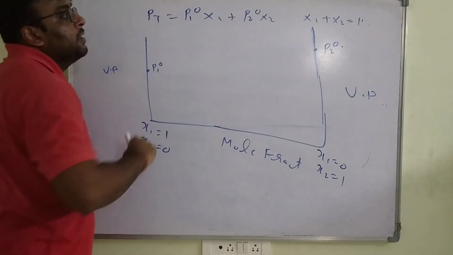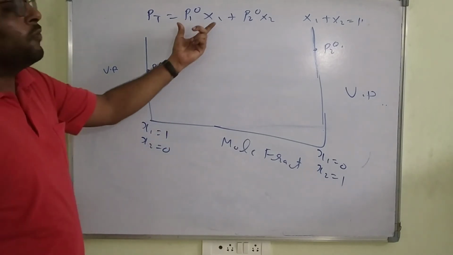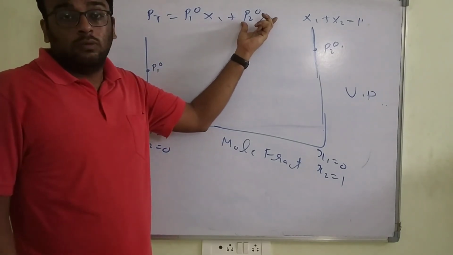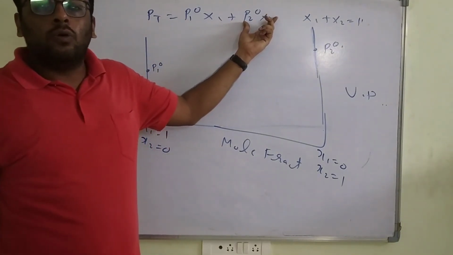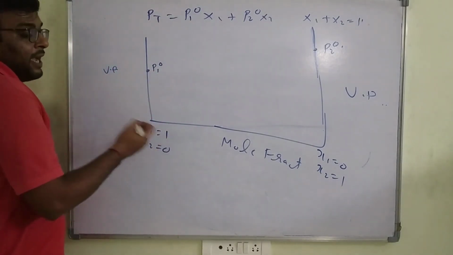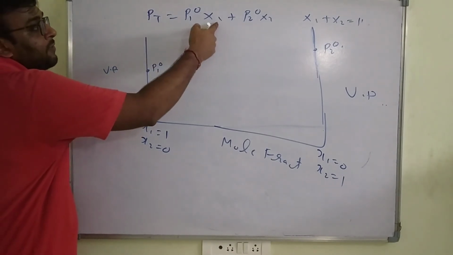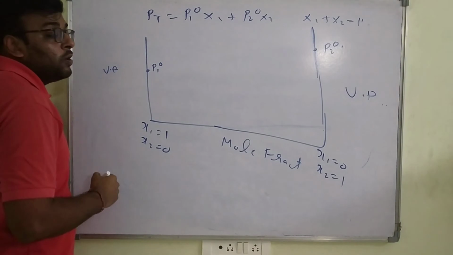So P total is equal to P1 naught x1. It depends directly on one mole fraction if the other mole fraction is 0. If any other molecule is absent, it relates directly to this mole fraction. So x1 is maximum over here, so P total is equal to P1 naught.